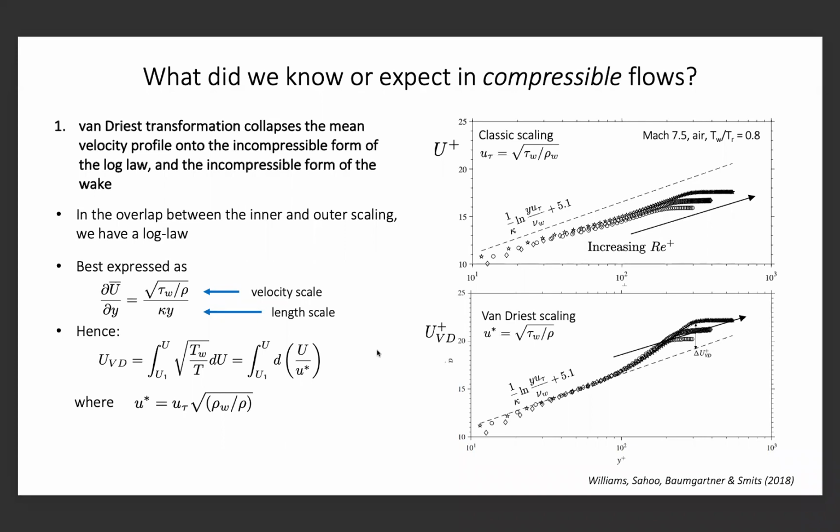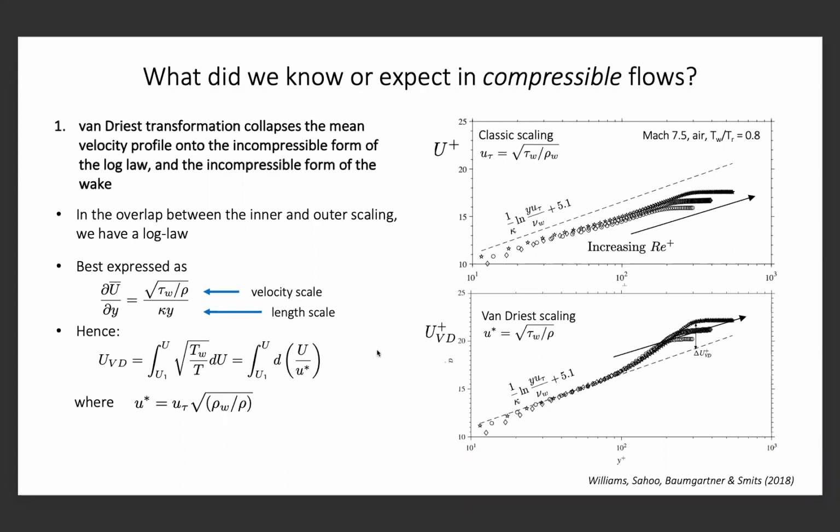And so the Van Driest transformation is the integral of that velocity gradient, taking account of the fact that the density is varying. Here it's expressed as a temperature ratio because, as I said, the pressure is constant, so that works out fine. So that Van Driest transformed velocity can also be written as the integral of dU over U star, where U star is now a different friction velocity scale that takes account of the density variation in the boundary layer. So U star is actually varying with distance from the wall.